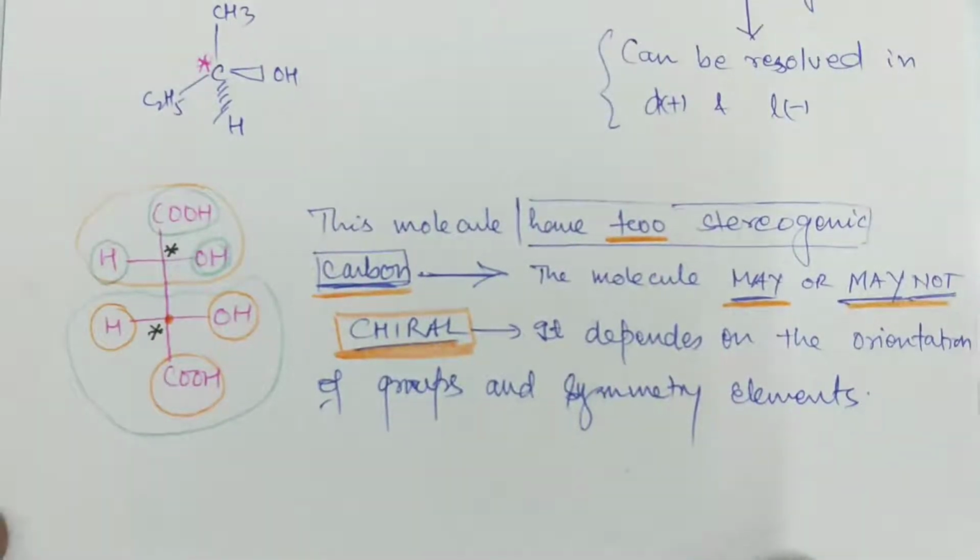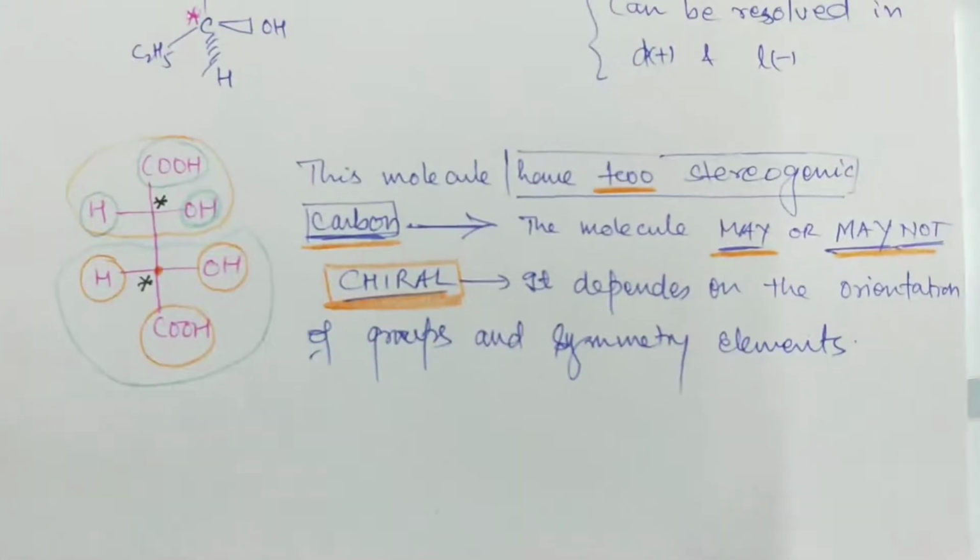So in this situation, you have to work out the molecule. You do some more operations on that molecule, and then you can conclude that this molecule is chiral or not. So the presence of a stereogenic carbon is necessary for chirality, but it is not a sufficient condition for chirality.